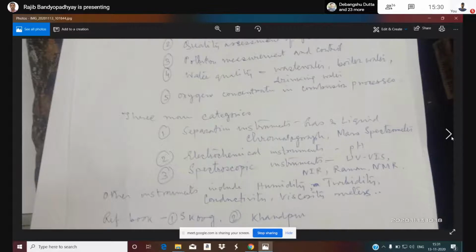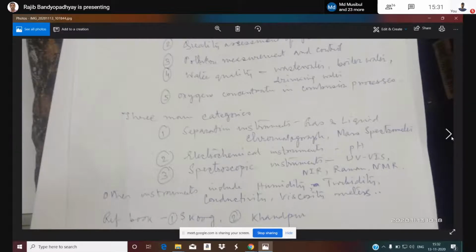So you see, these are the three categories of instruments: separation, electrochemical, and spectroscopic instruments. Apart from these three, there are many other instruments also used for analysis purposes, such as humidity, turbidity, how turbid a solution is, conductivity, and viscosity.